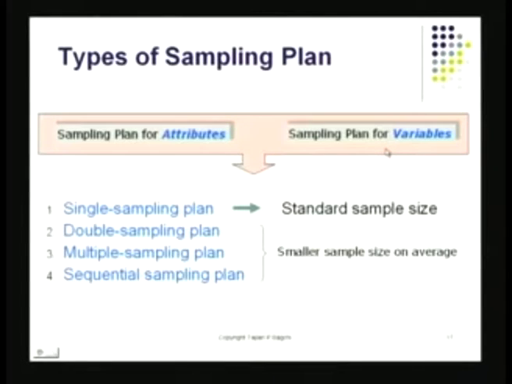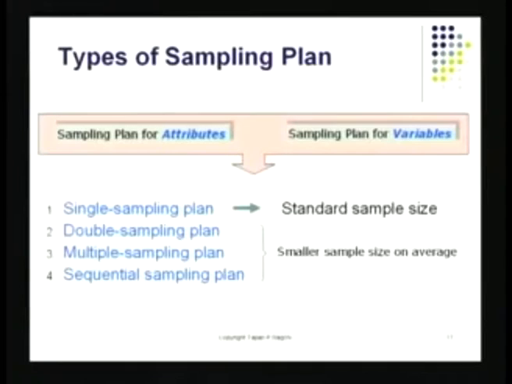On the other hand, I could measure some quality characteristic of the incoming items. The moment I am applying a measurement, using some sort of gauge to measure the length or diameter or something, I am looking at a variable characteristic.